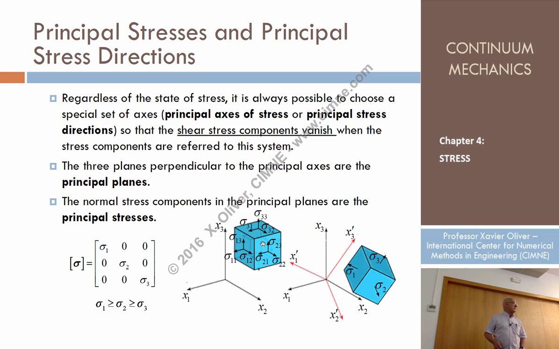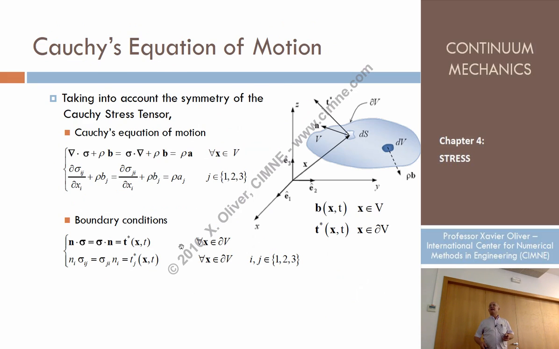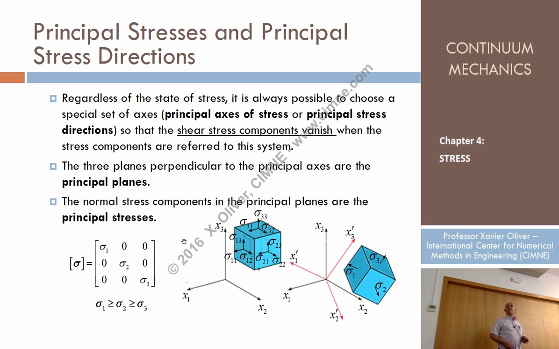Well, components will change. The stress will be the same. The tensor will be the same. Components will change. And then there is a theorem in algebra that says that whenever I have a second order tensor which is symmetric, there is a system of coordinates in which this tensor is diagonal. The components of this tensor are diagonal.